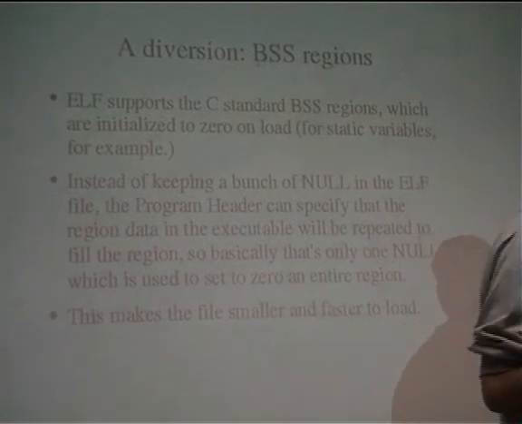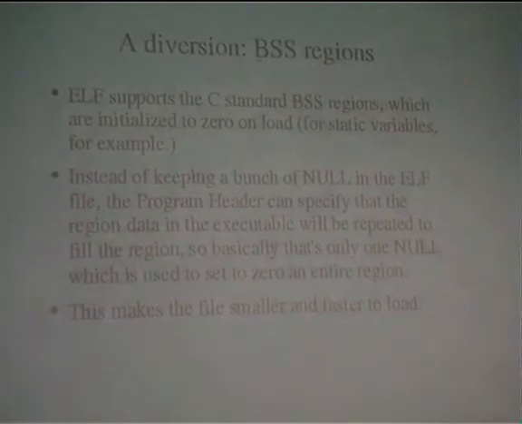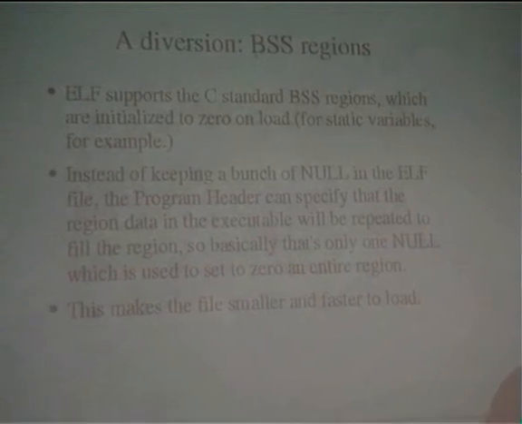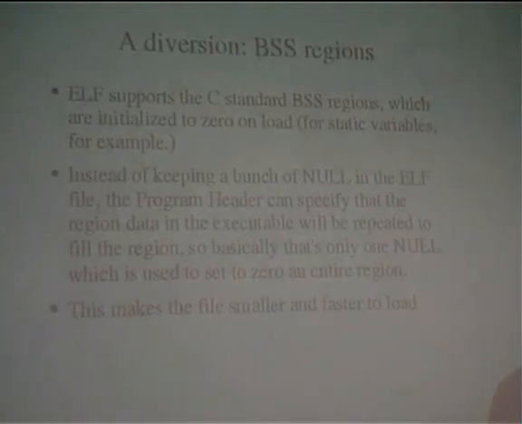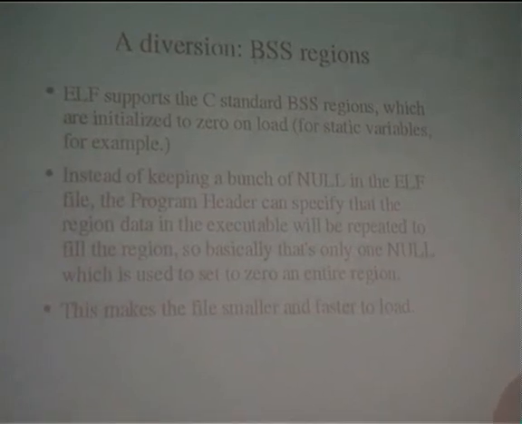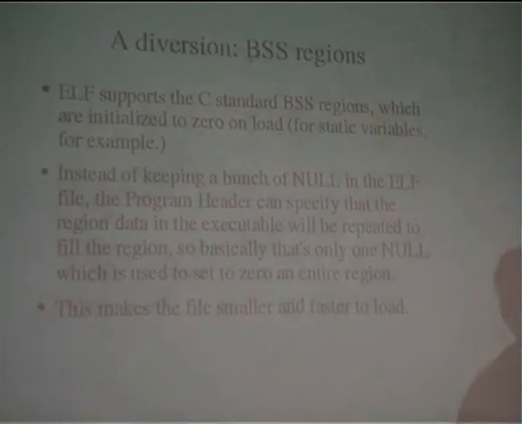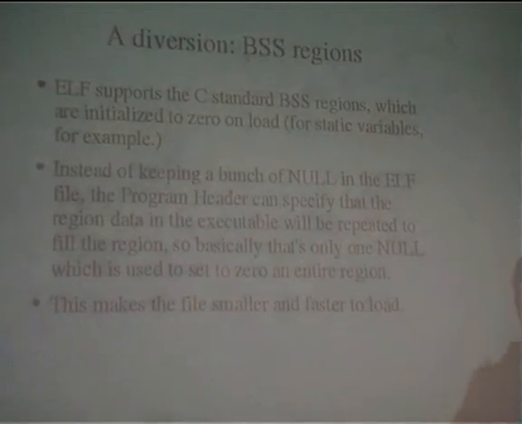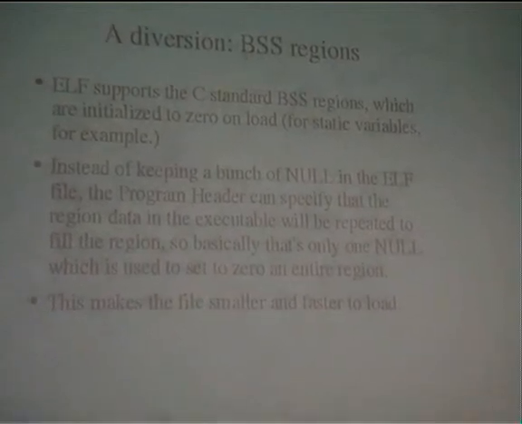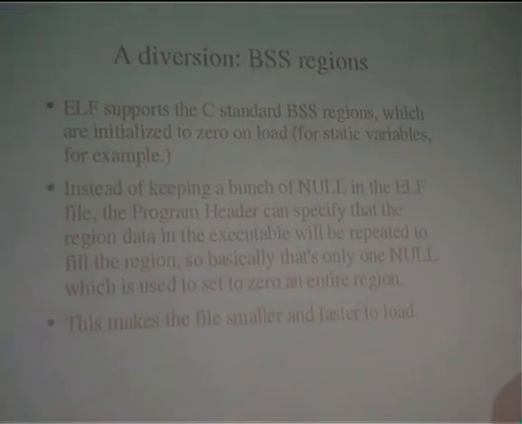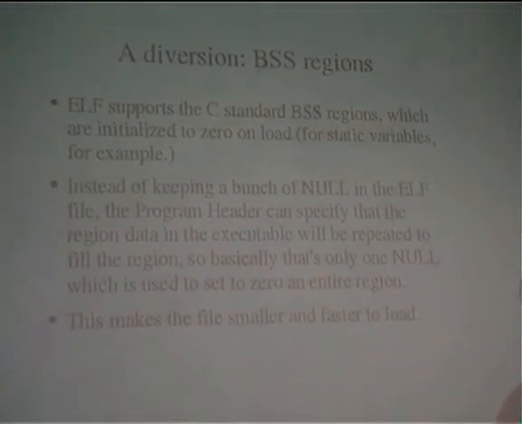One of the things you can do, which the C standard says should exist, is that there are regions in the file which are initialized to 0, static variables, etc. And instead of just keeping a big block of 0 somewhere in the file and on the disk, which is a little silly, one of the tricks the ELF headers enable us to do is define a region of memory and say, okay, fill it up with this part of the file, and repeat this little tidbit until you fill up the entire region.